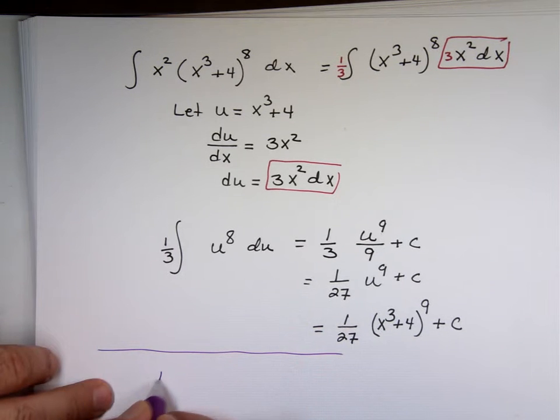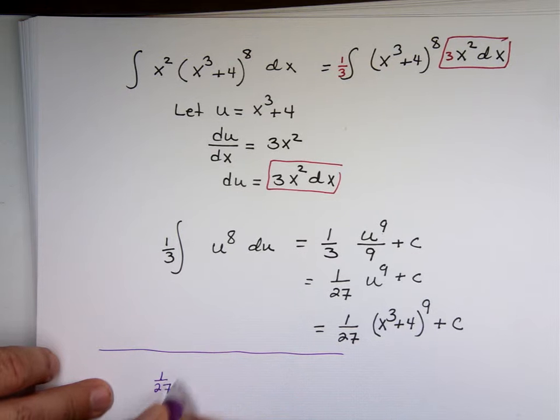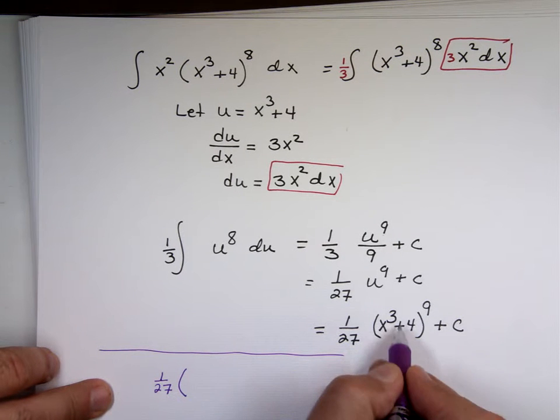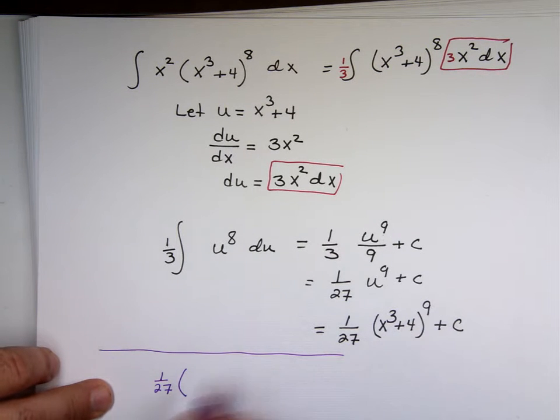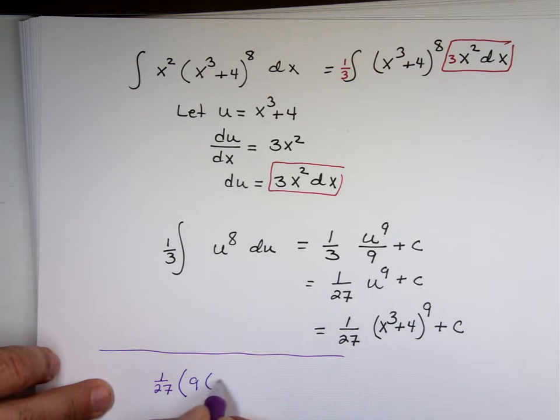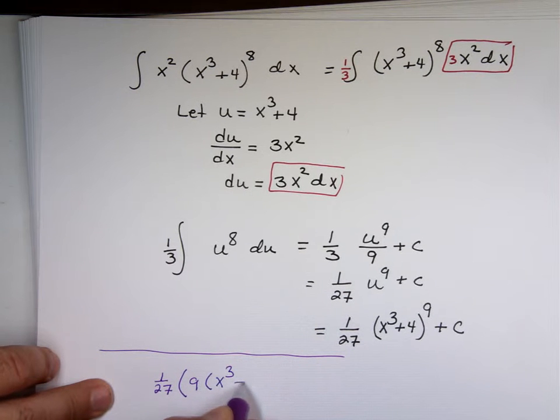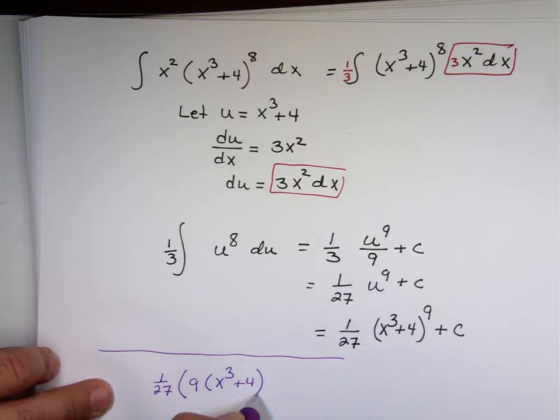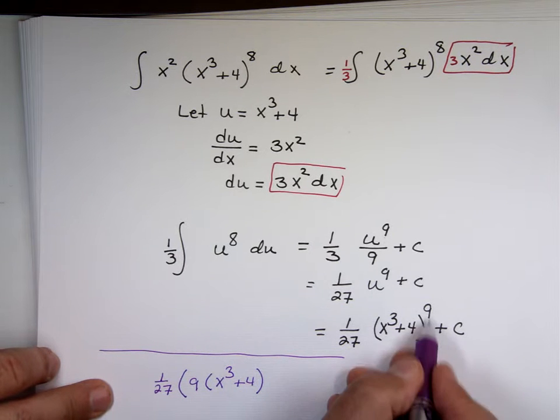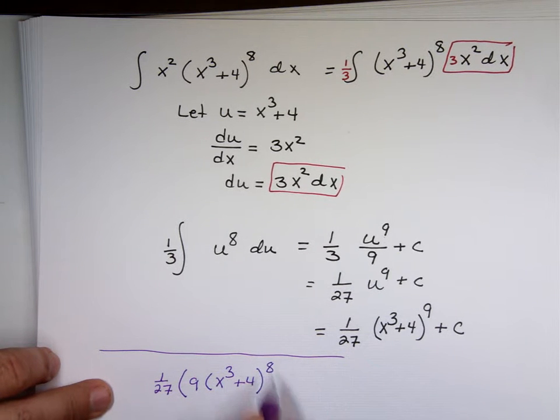Here's 1 over 27. What is the derivative of x cubed plus 4 to the 9th power? It says 9 times x cubed plus 4 to what power? Power of 8, right? Times the derivative of what's on the inside, which is what? 3x squared.